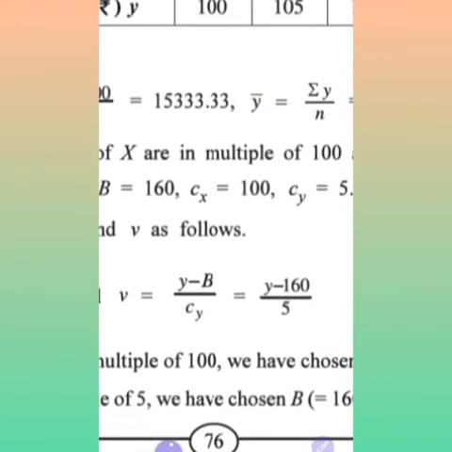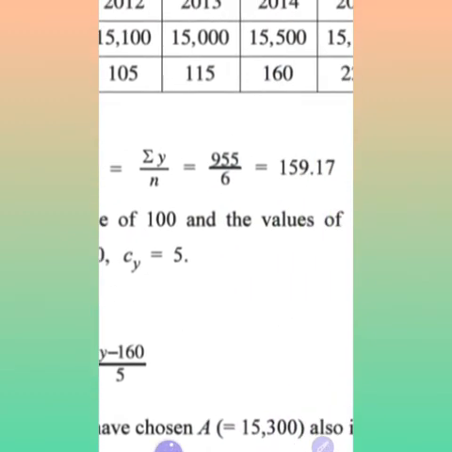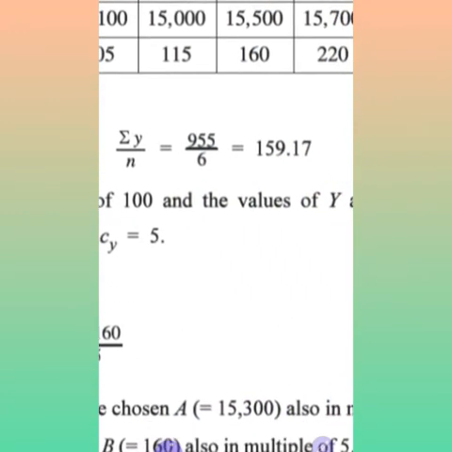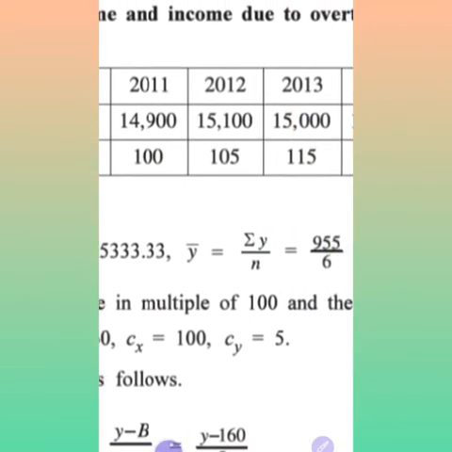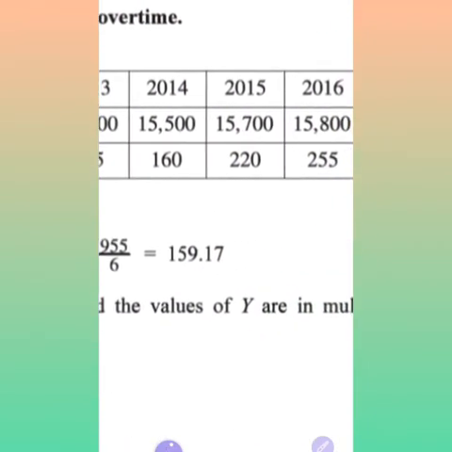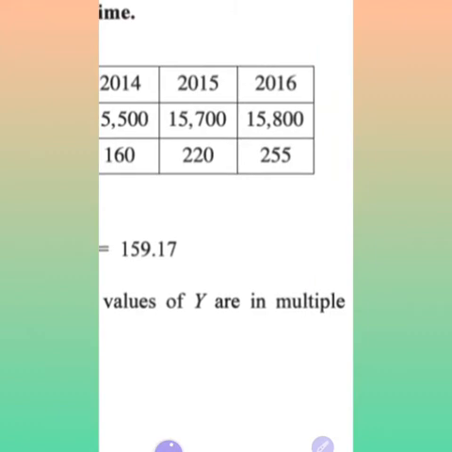Over here the formula for v becomes y minus b upon cy. Now for b, we have taken 160. Over here y bar, you would find the number is coming up to 159.17. It is quite nearer to 160. And if you see the y variable, you would find all the numbers are in the multiples of 5, right.